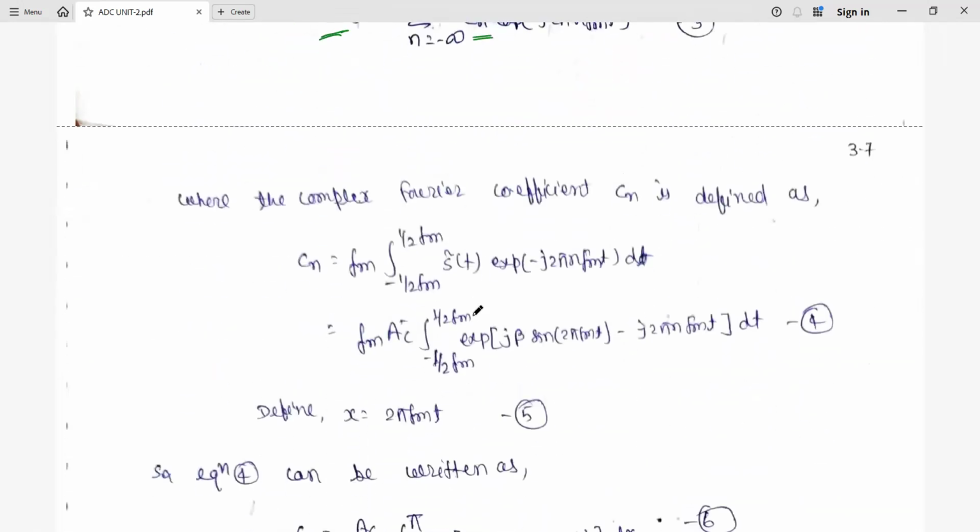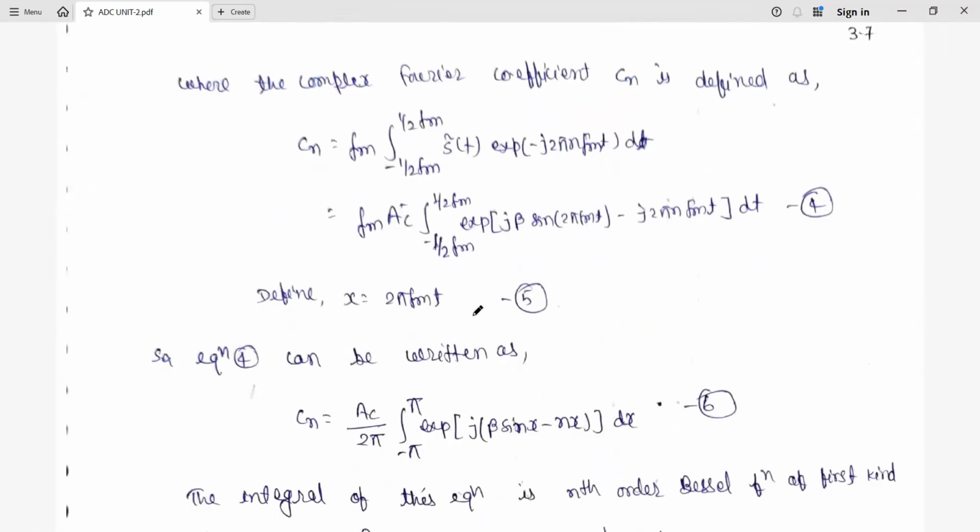Cn is the complex Fourier coefficient. How do we obtain it? Cn equals fm times the integration over the limit minus 1 by 2fm to plus 1 by 2fm of s tilde of t exponential minus j 2 pi fn t dt.